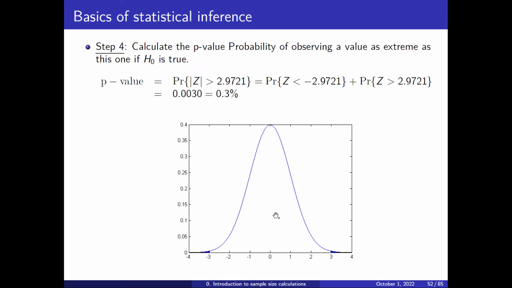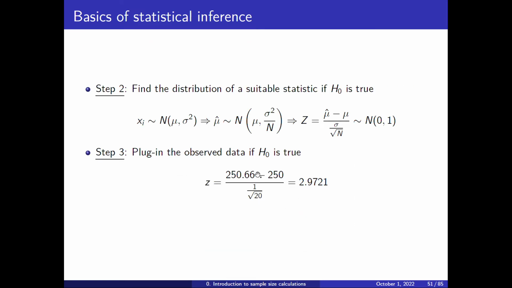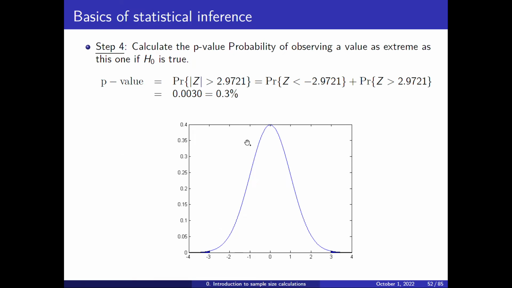So a 0.66 deviation translates into 2.97 in Z. I know that Z is distributed as a Gaussian 0, 1, so it is centered at 0 and has a standard deviation of 1. I should calculate the probability of observing a value at least as high as 2.97.